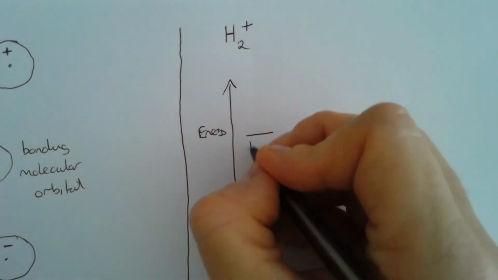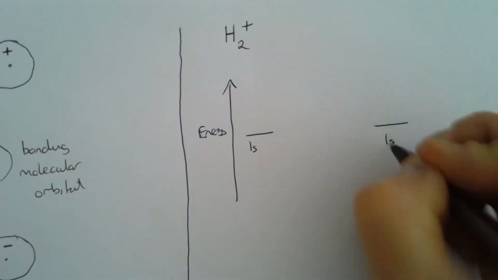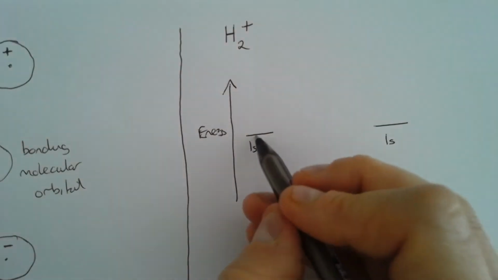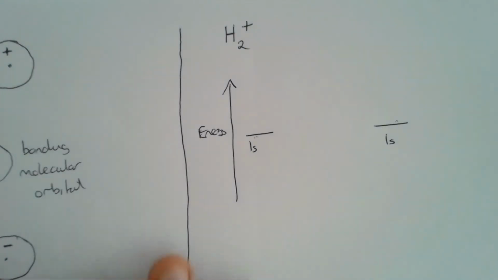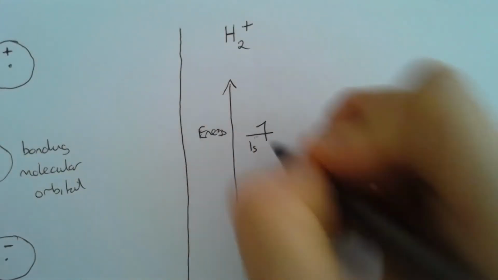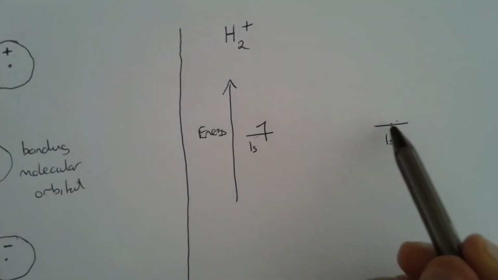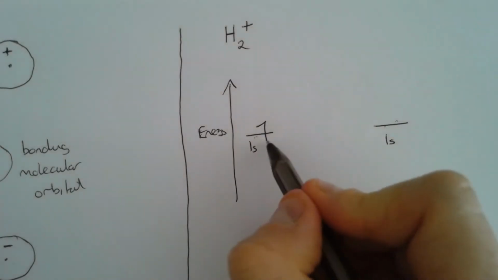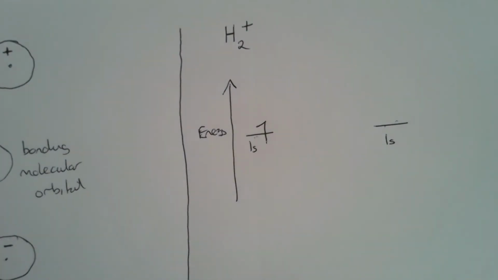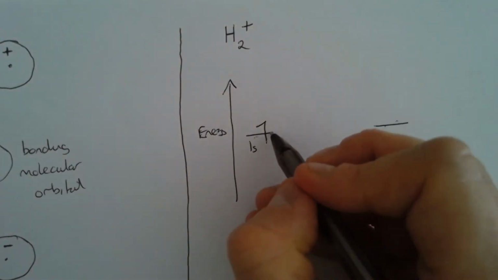We've got our 1s orbitals, and these are the 1s orbitals in the unbonded hydrogens. We've got an electron in there, and obviously there's no electron in here because it's a plus ion.